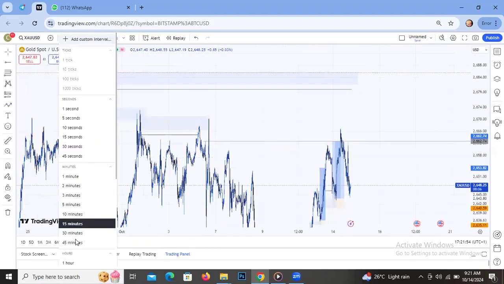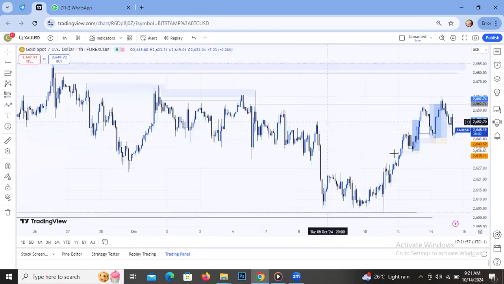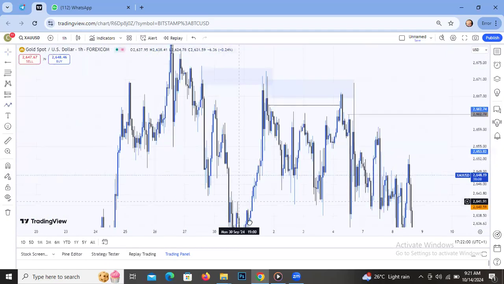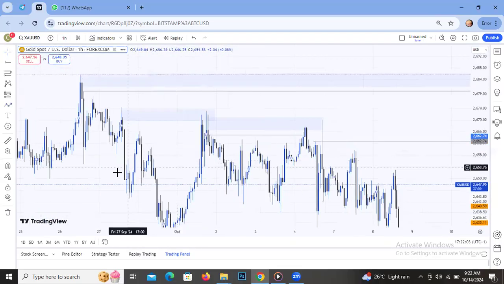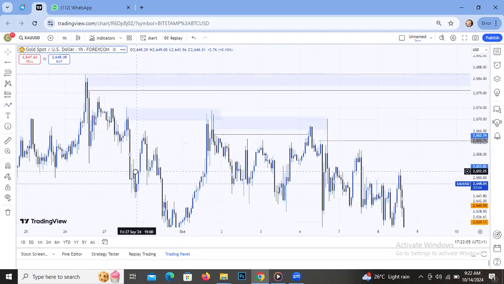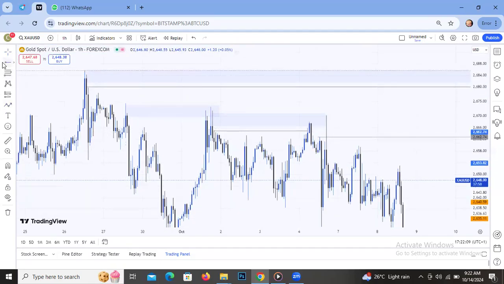Here now, if you open on the hour, let me show you guys, we have this structure. We have this structure, right? And this is what the market did. The market broke the structure immediately.